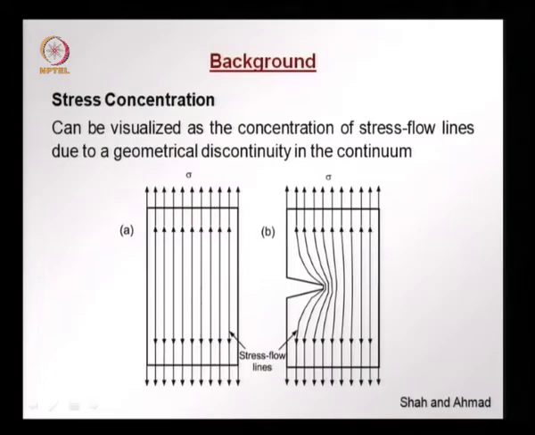So, these lines would then be the streamlines, water is flowing. Similarly, we can visualize in the case of a panel under stress that these would be the stress flow lines. Stress has to go from one end to the other through the body.